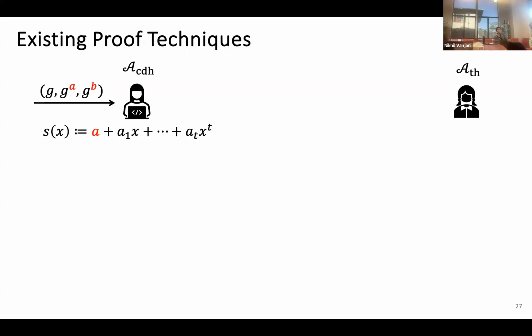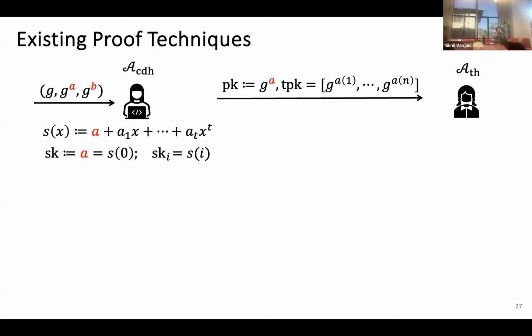Given this polynomial, the secret key is s(0), which is a, and the ideal signing key will be s evaluated at i, because these are Shamir shares. Then the CDH adversary will naturally set the public keys, the threshold public keys, to be s(i) evaluated in the exponent. Public keys are those, right?